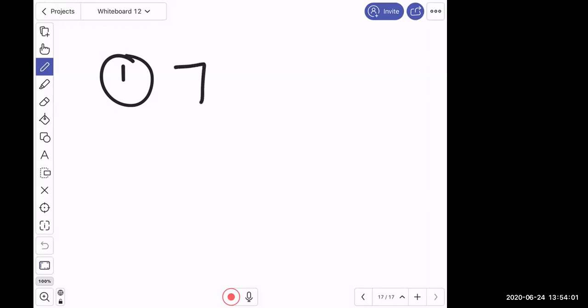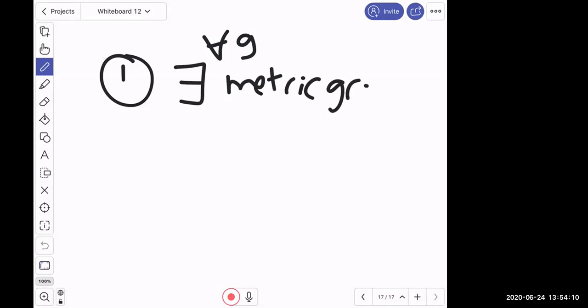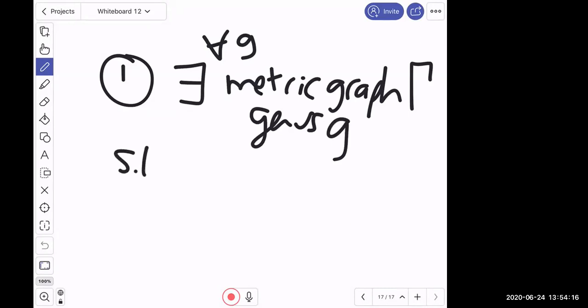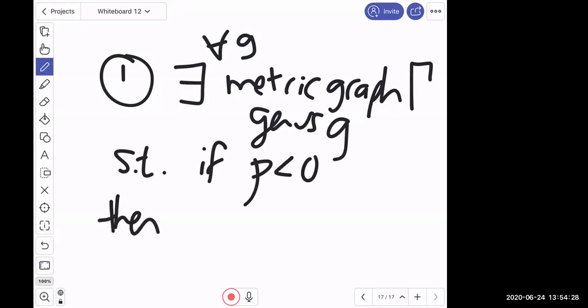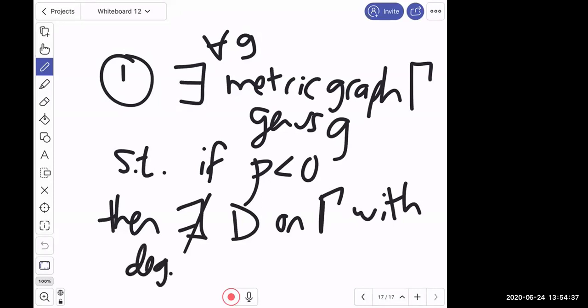So the claim is that for every genus g, there exists some metric graph gamma of genus g such that if rho is negative, then there does not exist a divisor D on gamma with degree d and rank at least r. Again, the Brill-Noether number depends on d and r as well as g.